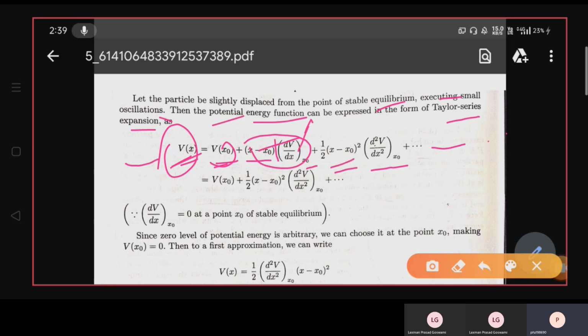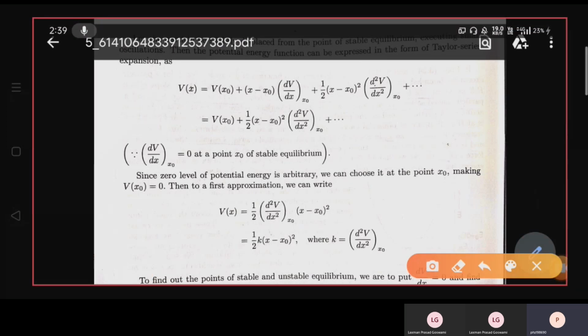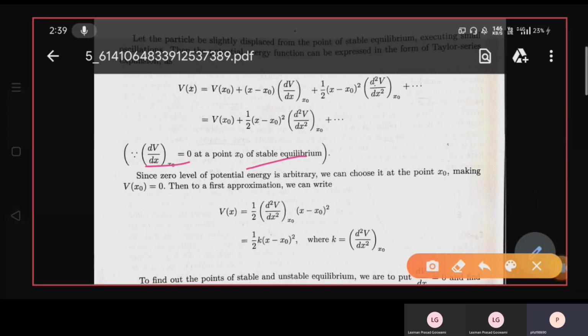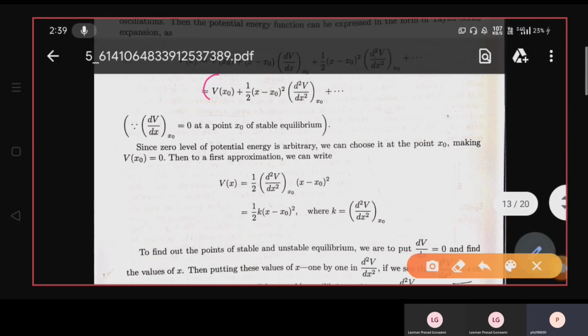So we can write the potential V of x at any point x as V of x0 plus half (x minus x0) whole squared d2V/dx2 at x equals x0. Since we can approximate this as the minimum potential, we can label V of x0 as equal to 0.